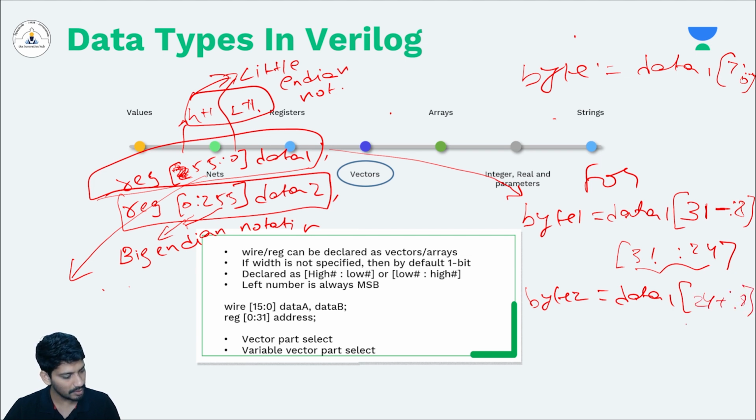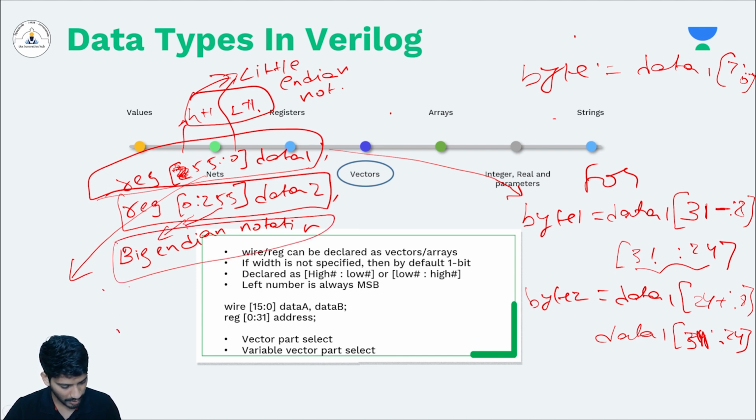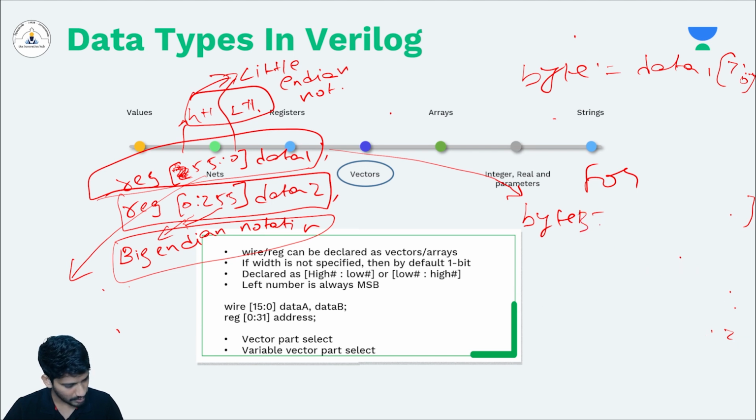So what does this mean? It is selecting data of 31 down to 24, right? Since it is a little endian kind of notation. Similarly, if you want to select data from this big endian notation, you can write like this: my byte 3 is equal to data 2 of 31 minus down to 8.